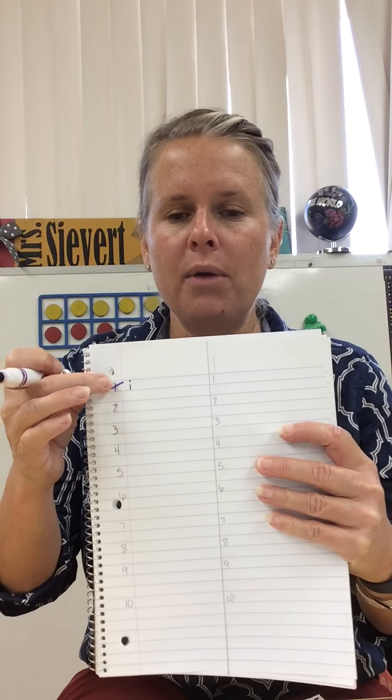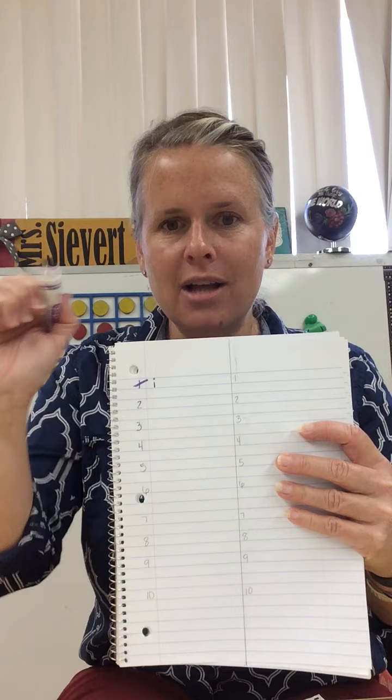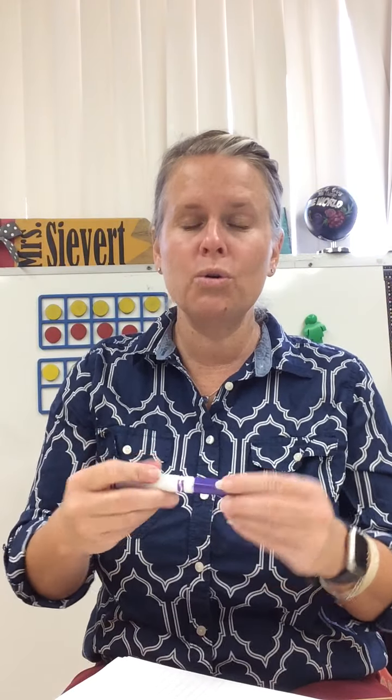That way, when I count how many oopses I had, I can count all my little lines. Your goal is no lines. Your goal is to have no color. Whatever color you choose, mine would be purple, so my goal would be no purple.